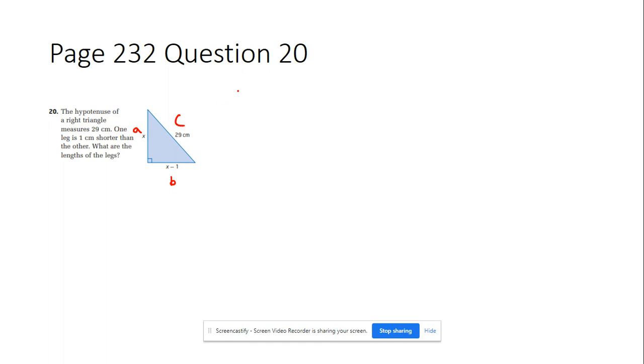So based off that, we have a squared is x squared, plus b squared, which is (x minus 1) squared, equals 29 squared, c squared, okay? So this is going to be x squared plus, now (x minus 1) squared is (x minus 1) times (x minus 1), like this. And 29 squared, I'm just going to use the calculator, is 841.